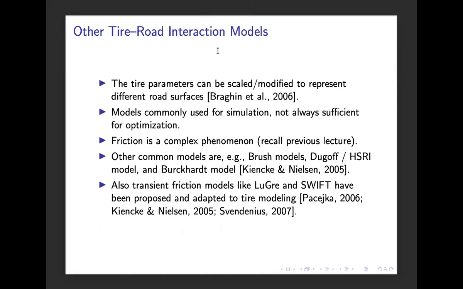And there have been proposals for how you can scale these kinds of tire models to represent different surfaces. It's typically based on making measurements of the tire forces and then establishing models based on that.